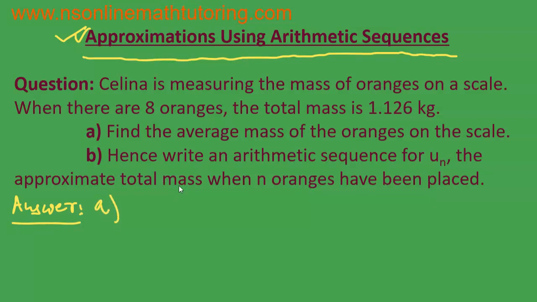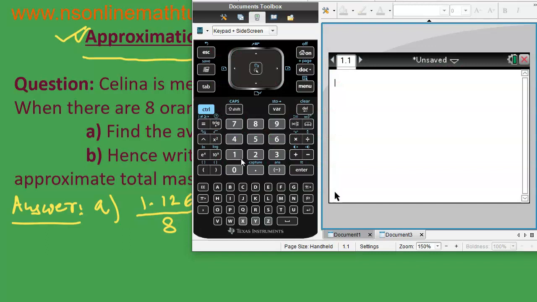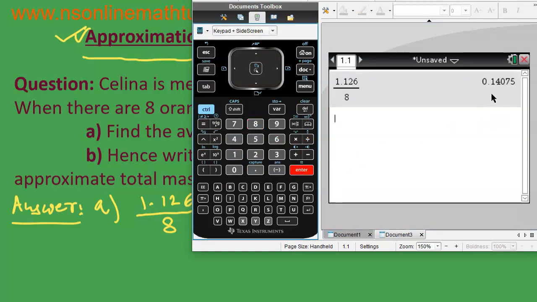Subpart A. There are 8 oranges and the total mass is 1.126. Therefore, the average mass will be divided by 8. Okay? 1.126 divided by 8 is 0.14075.